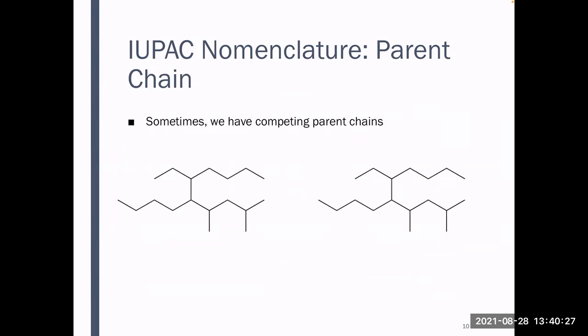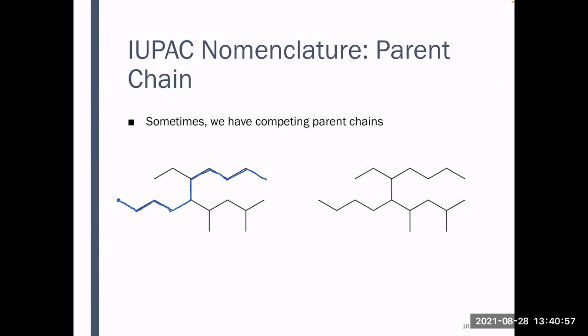Now, there are some weird things sometimes with parent chains. Sometimes we have competing parent chains. So if we look at this molecule here, there's 2 different parent chains I could choose that have the same number of carbons. So here, let's look at one example. Here I have 1, 2, 3, 4, 5, 6, 7, 8, 9, 10.